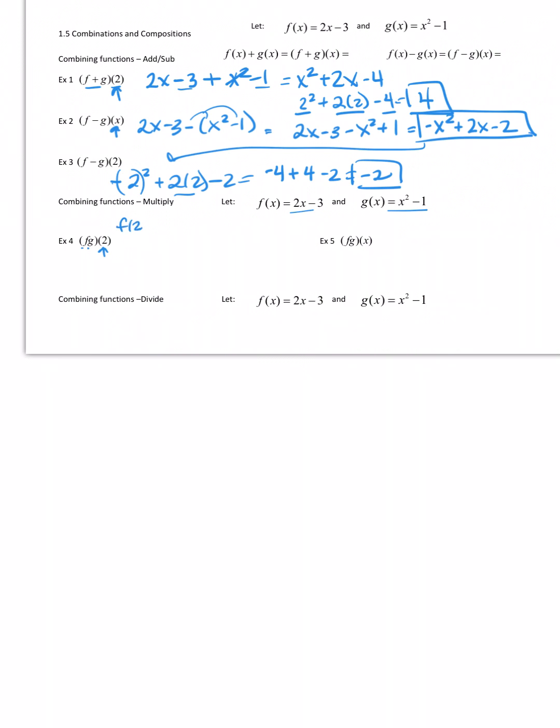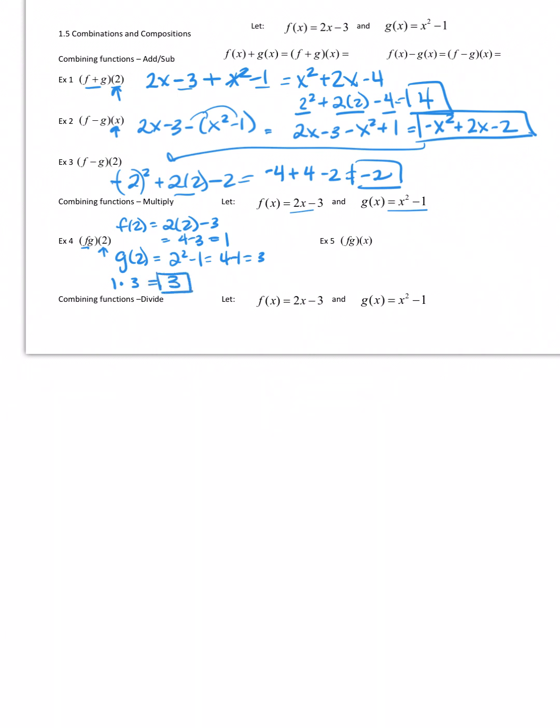So f of 2 gives me 2 times 2 minus 3, which is 4 minus 3, or 1. And then g of 2 would be 2 squared minus 1. So that's 4 minus 1 is 3. And then multiply my answer. So I'll have 1 times 3 equals 3.